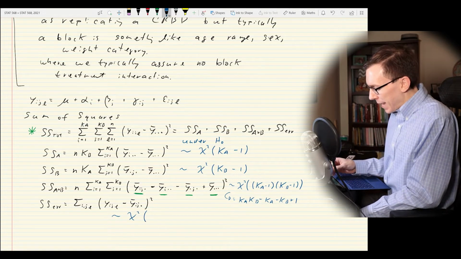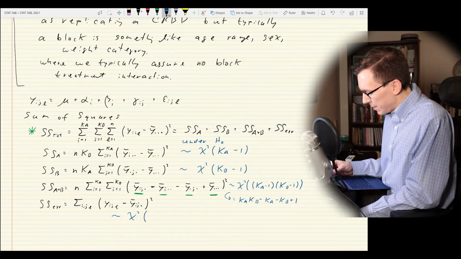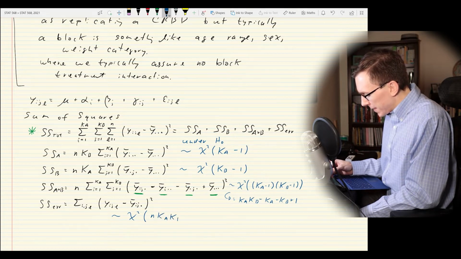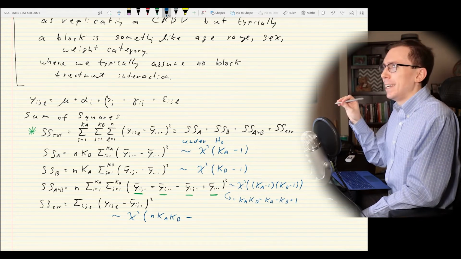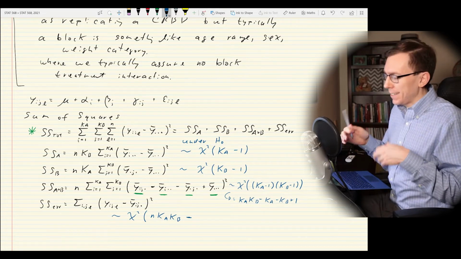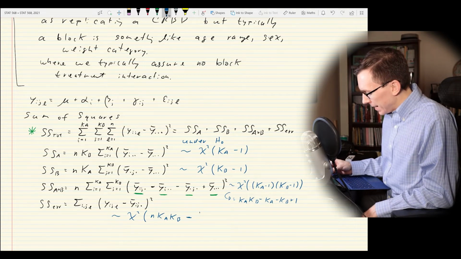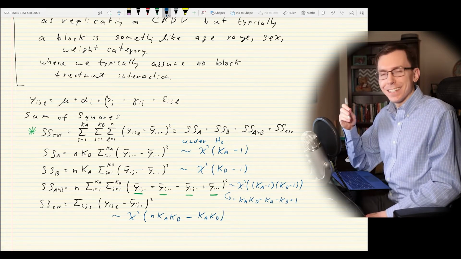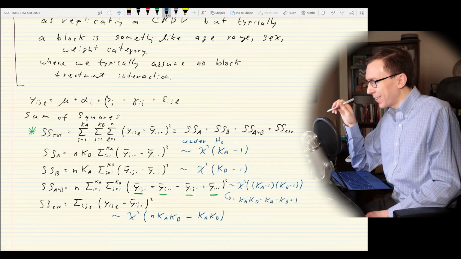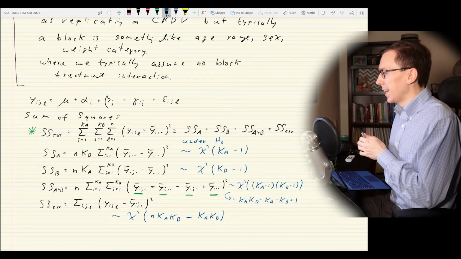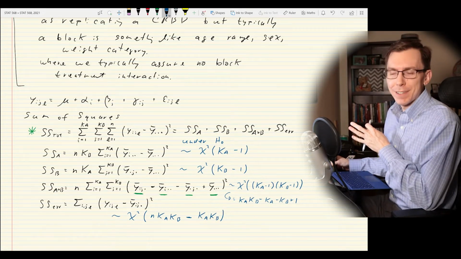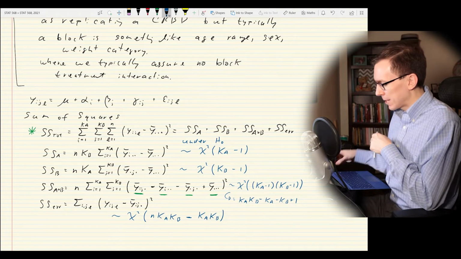In this case, we have the total sample size, which is going to be n Ka Kb, and we're going to subtract the Ka times Kb group or category means that come into play here. The degrees of freedom are a very critical part of the course, and they can also be quite confusing. So please talk to me in discussion times and office hours if you have questions about where some of these numbers are coming from.